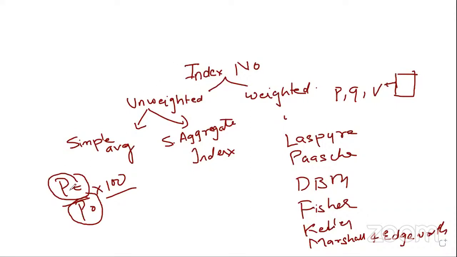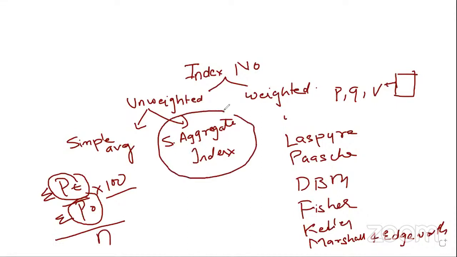That is, we took current price by base price into 100. This is simple average. Now, when you take its summation and divide by n, this is your simple aggregate index. Aggregate means the final percentage. Simple average is like your subject marks, and your aggregate index is like your CGPA or OGPA, where you take everything.